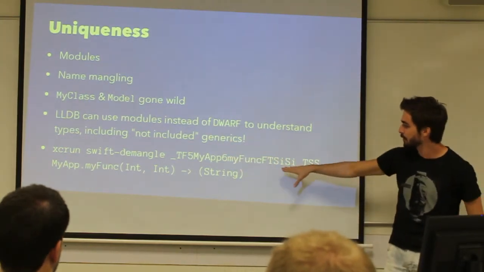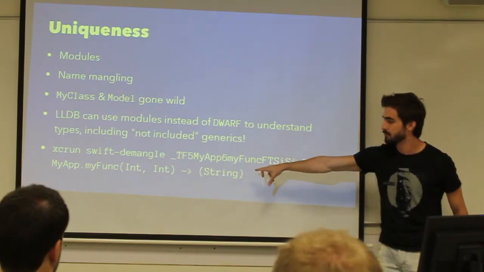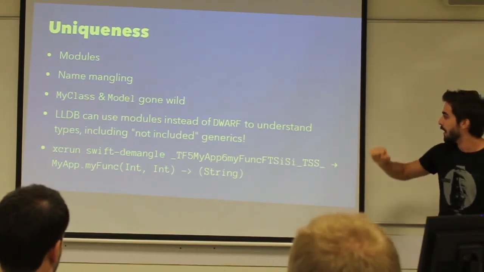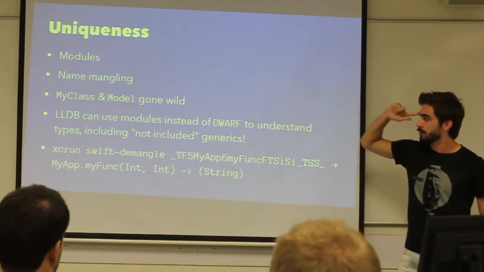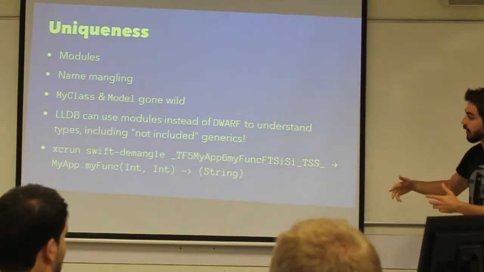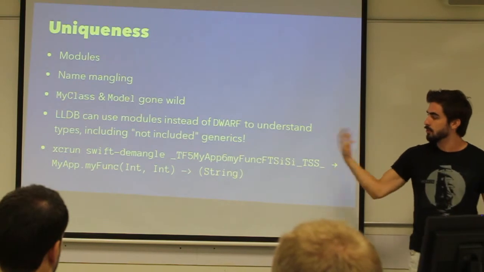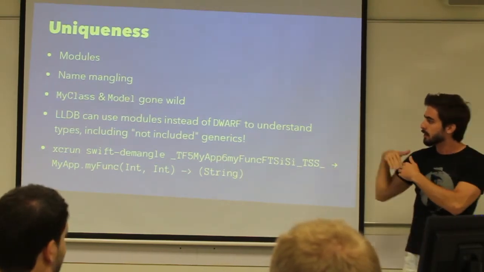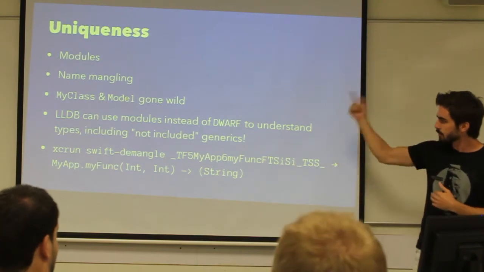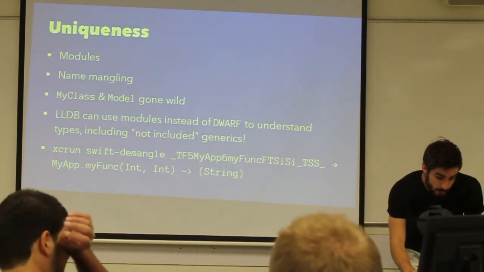You pass this unbearable thing and it spits back something a bit more bearable. Really cool stuff. We don't need DWARF anymore to figure out what symbols are being passed when you get a crash, right? The compiler gets information directly from your modules, which is kind of cool.